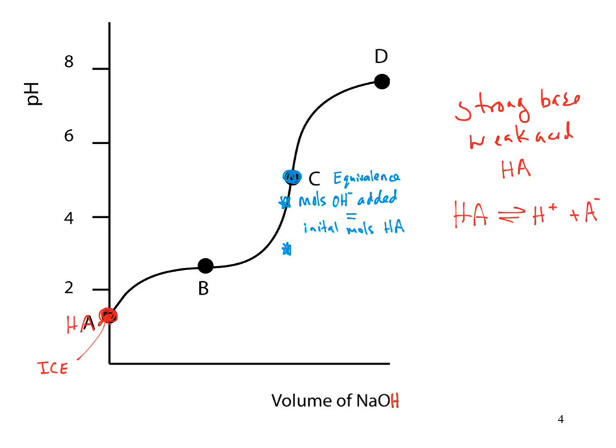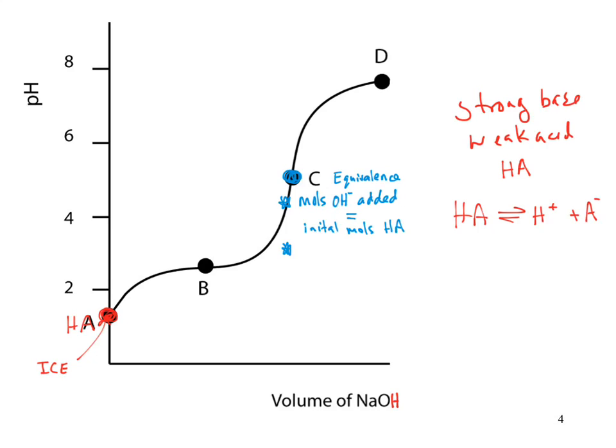No, we can get to the half equivalence, but we can still get some more information at the equivalence point. And that's what we did already. Moles of base added equals our initial moles of HA. So it reacted with all of our HA, right? What's left? A little bit close with the base. Be a little bit more specific. It's not just base, it's the conjugate base.